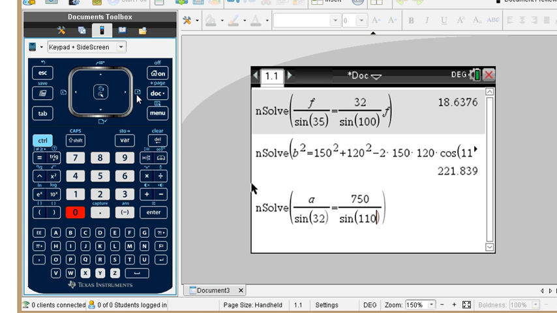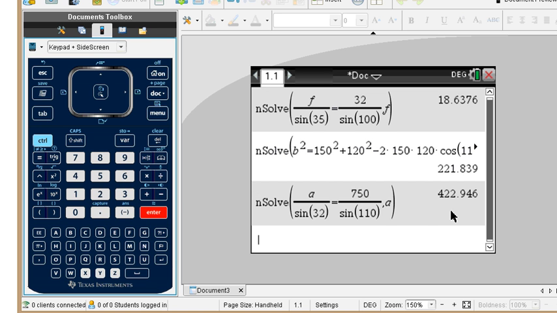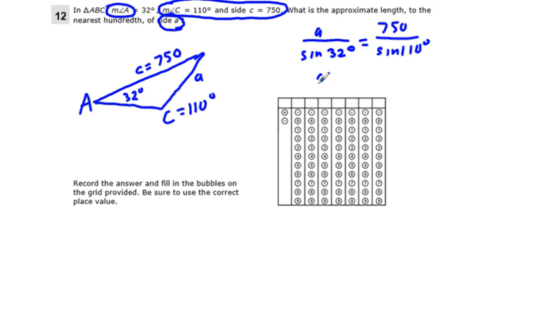We go over to the right and put in comma a. Rounding to the nearest whole number, we get 423, so a is approximately 423.